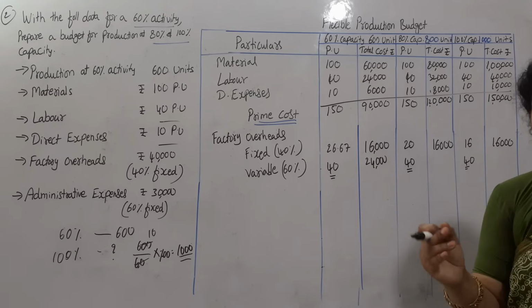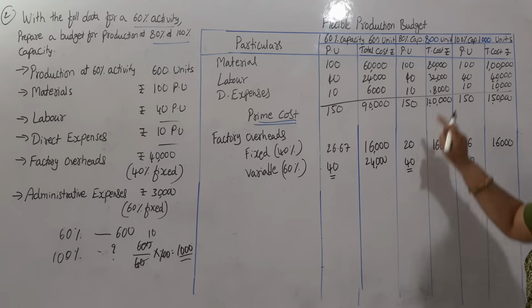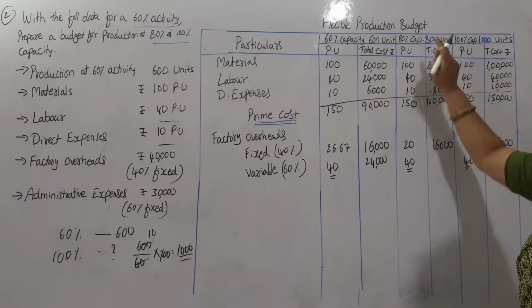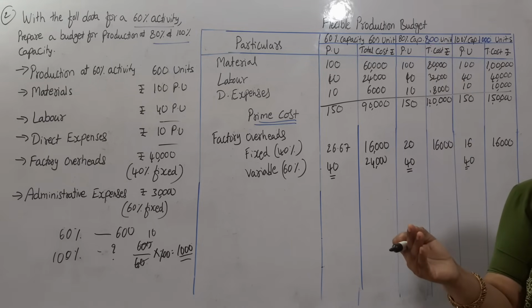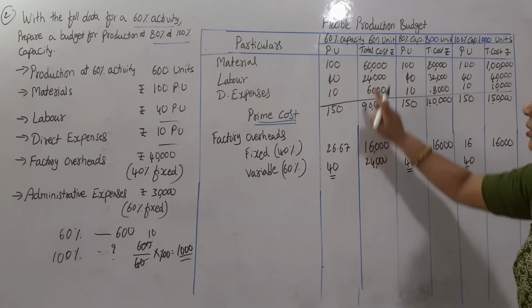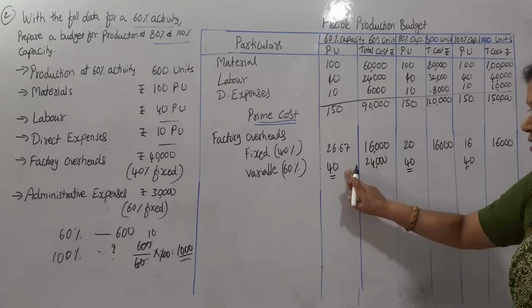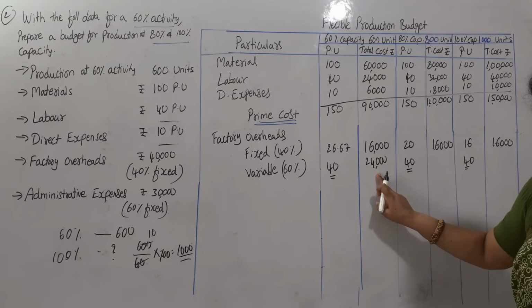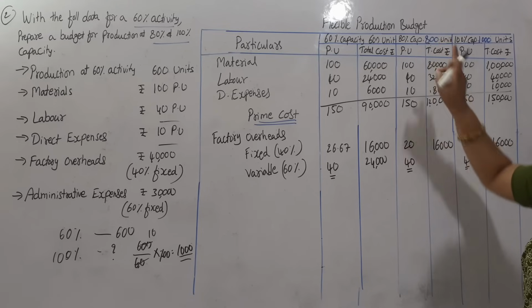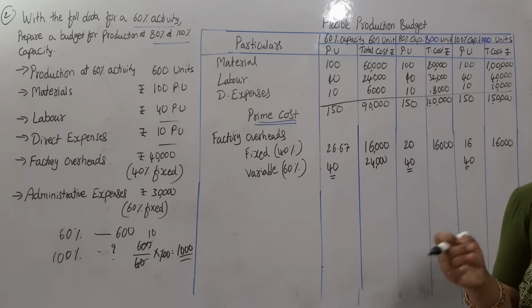Why we are writing the same: once you calculate this with the units, you will be getting more amount, isn't it? For 600 units capacity, 24,000. For 800 units, how much will it be? It will be more only.